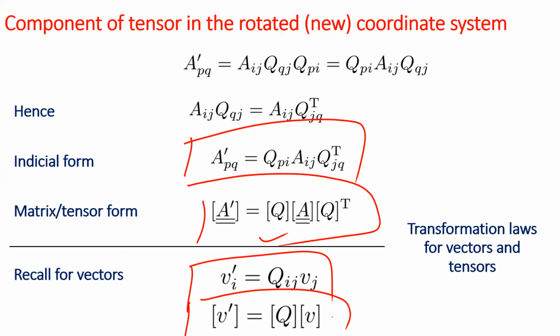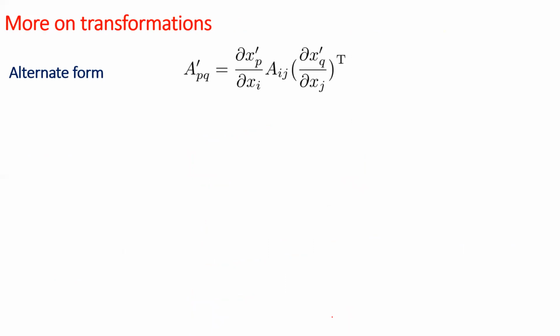A little more on transformations. I can write the very first expression on this slide in terms of partial derivatives. If you can rewind your previous lecture, you can see how Qij was defined and how we arrived at this. Let me erase this because we have something else coming up here.